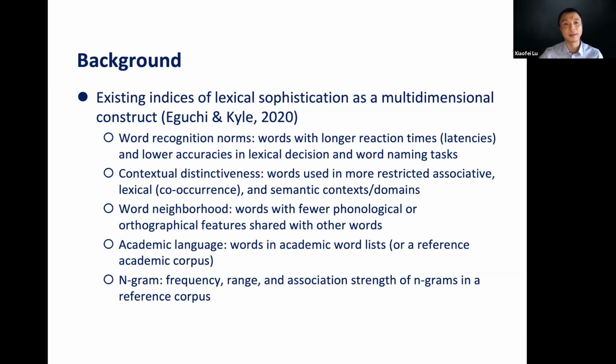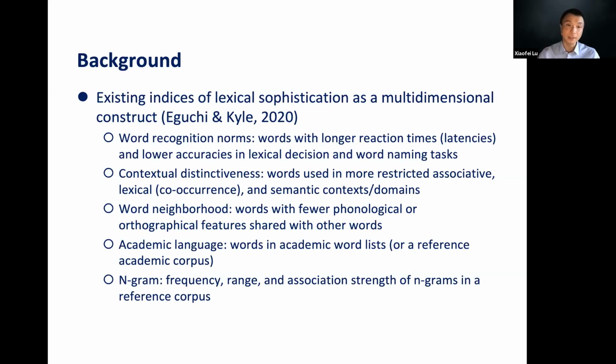So as you can see, there have been a lot of different ways to approach this idea, including looking at how things are distributed in reference corpora or word lists, and also drawing insights from psycholinguistics research.